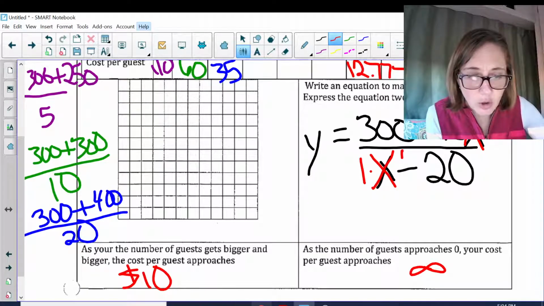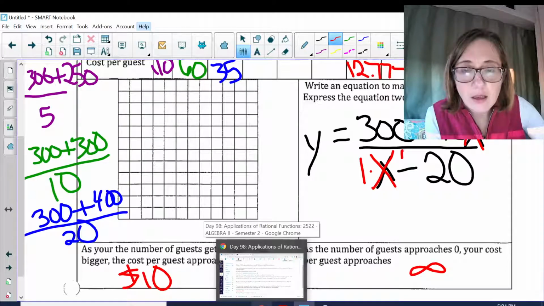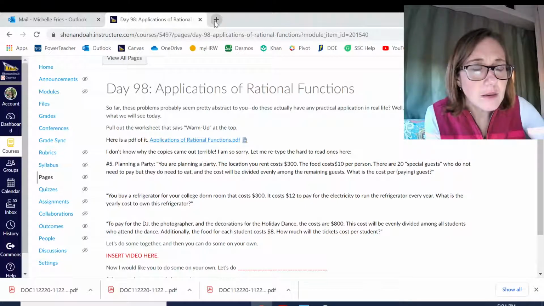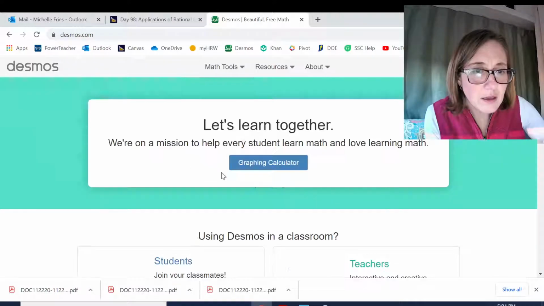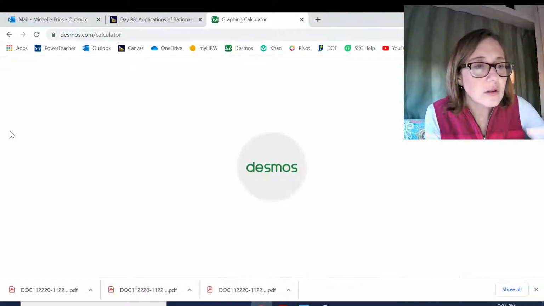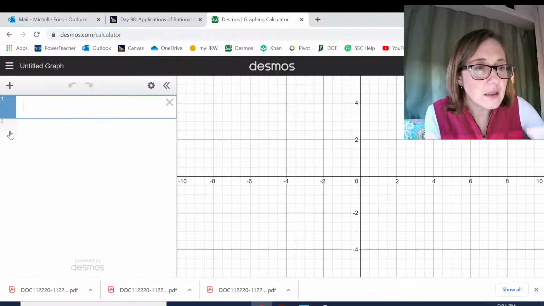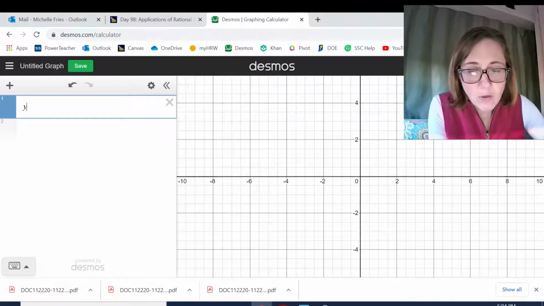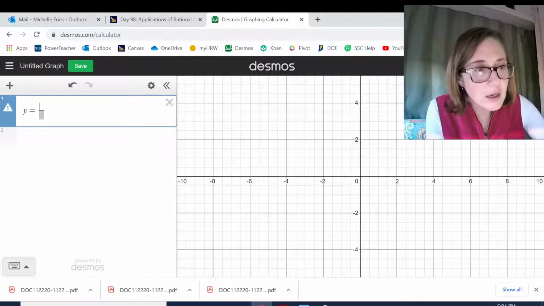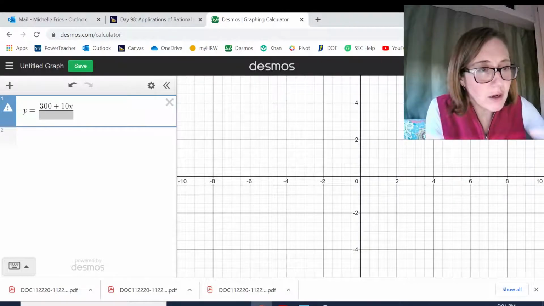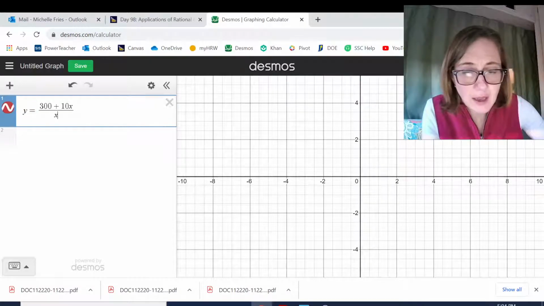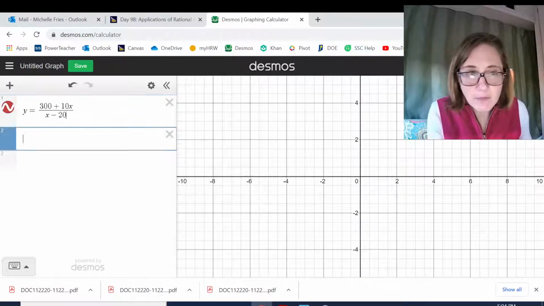Because let me graph this for us real quick over here on Desmos. So it is y equals, and it was 300 plus 10x over the x minus 20, right?